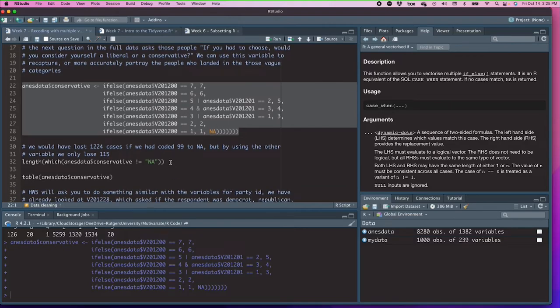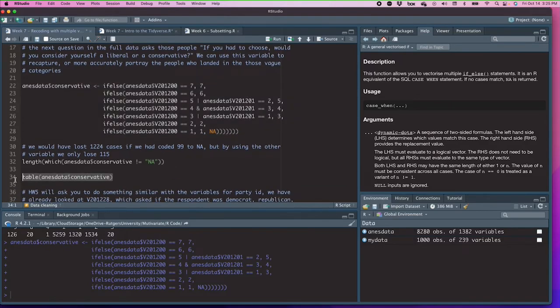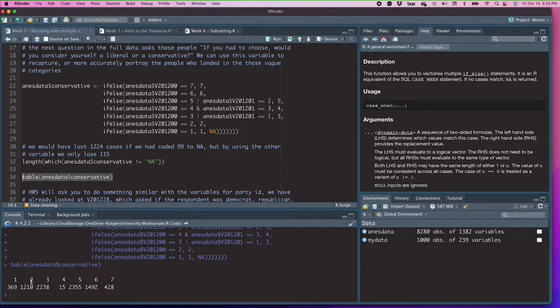and we run a new table for that, we can see that this category has shrunk considerably because most of those chose one or the other now. And we don't have any of the 99s, we don't have any of the negative numbers, so we've gotten everything else either distributed somewhere along the spectrum or coded as missing.